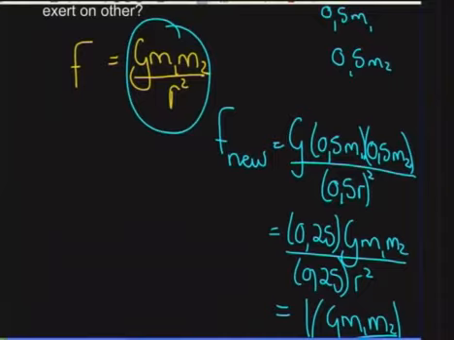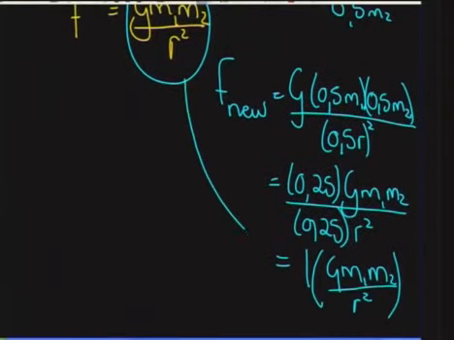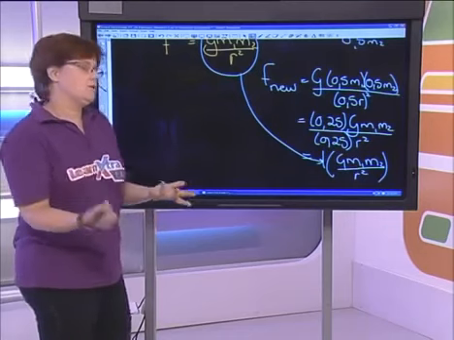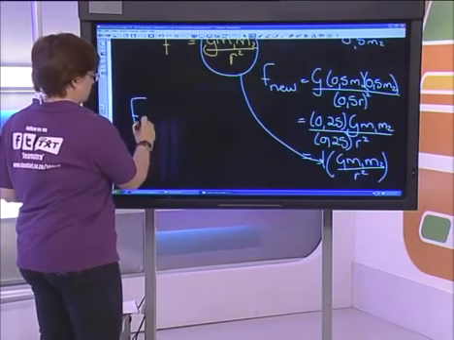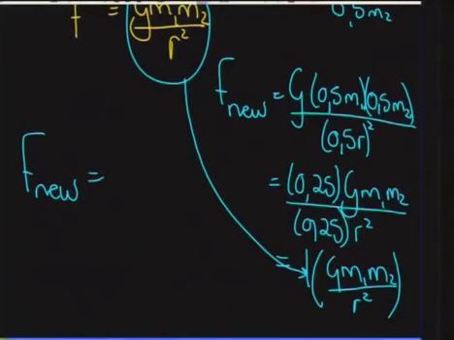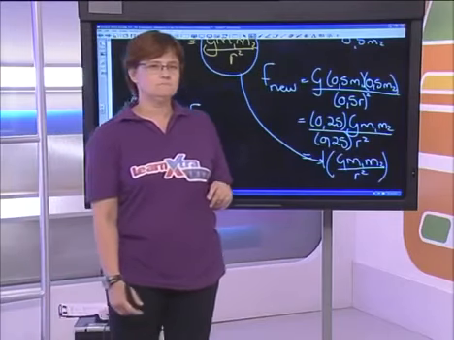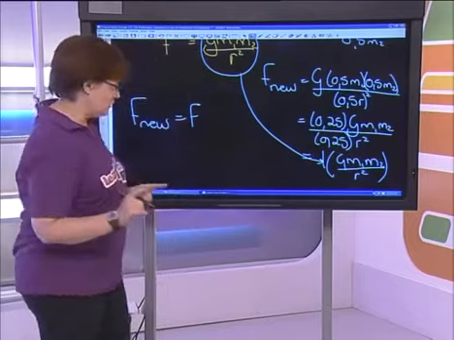I have that being the same over there. Look for something we know. So in other words, my new force is equal to my old force. So by halving the masses and halving the distance, we actually cancelled out the differences. Okay? Stay with me. Let's do one more.